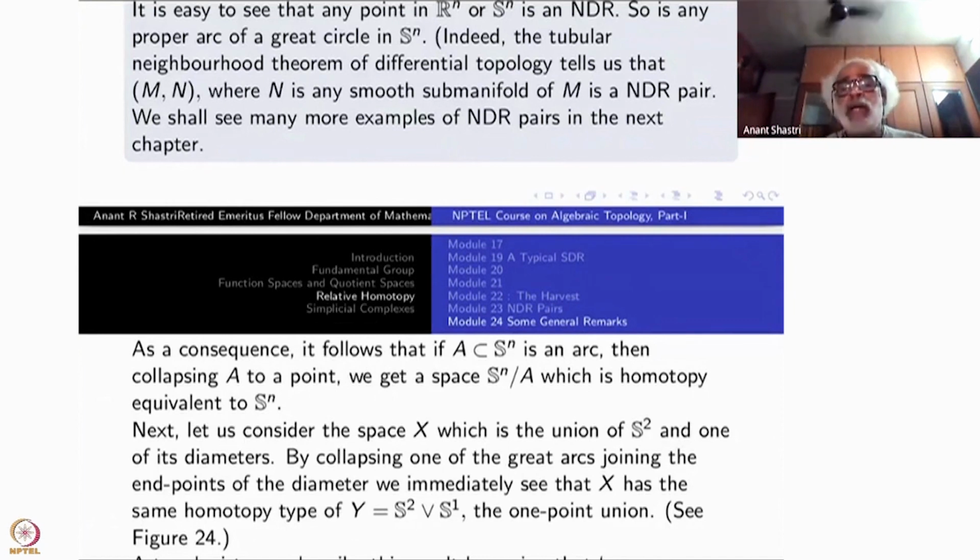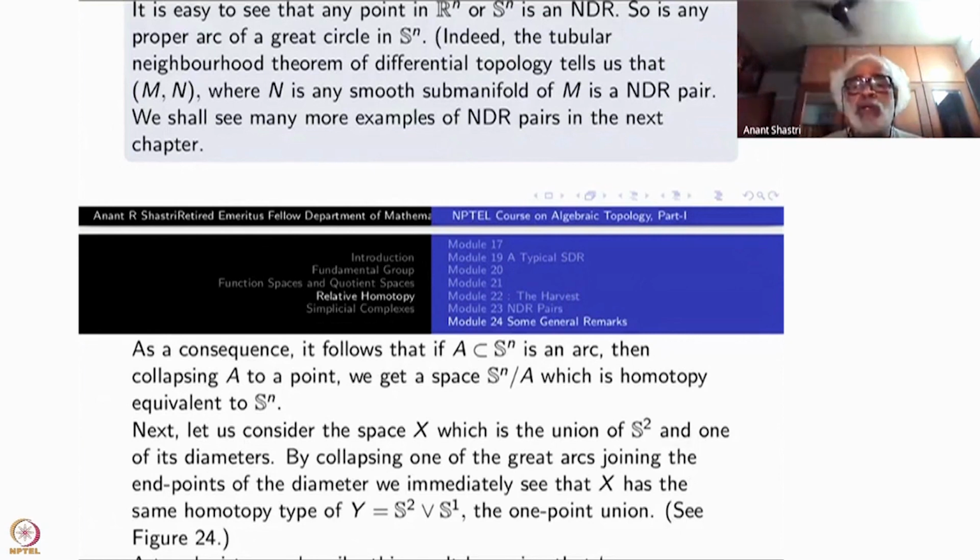Earlier I have seen that Sn, S2 here, S2 modulo that arc is again homotopy type of S2. But now you had an arc there. The endpoints of those two arcs come to a single point. Therefore, there will be an S1 now, a circle.